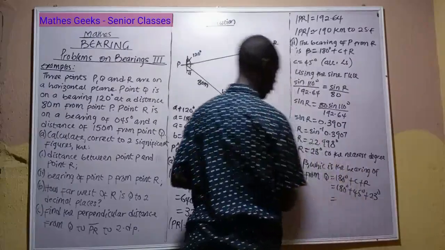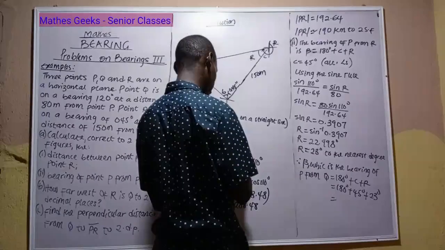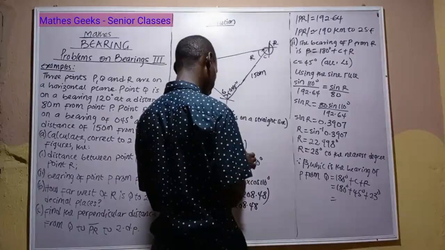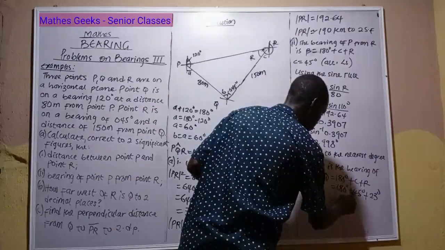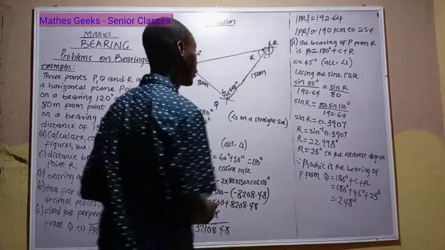Simply, 180 plus 45 plus 23 gives 248 degrees.